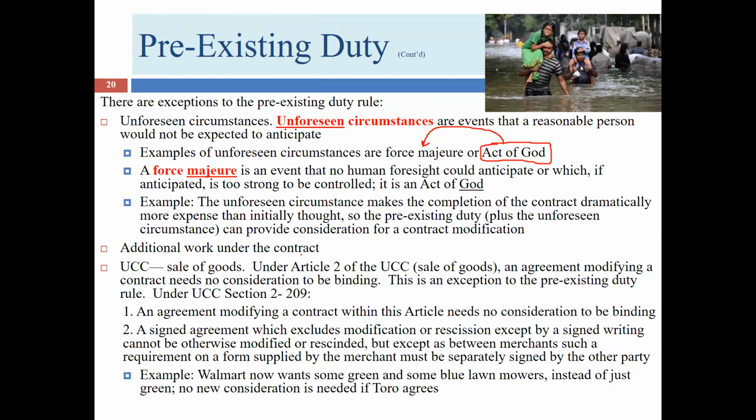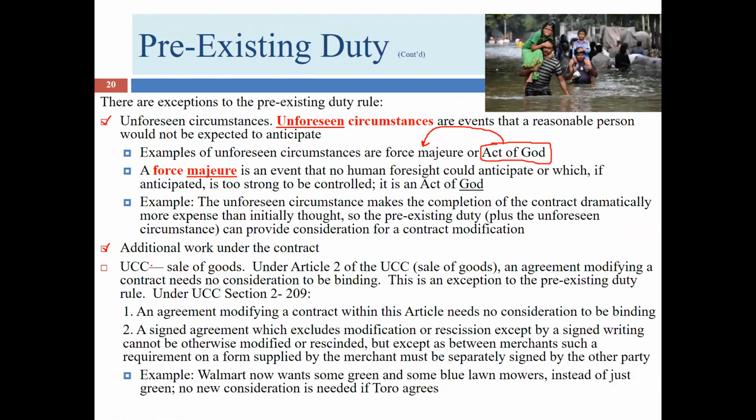And so I'm having to do significantly more work and also incur some expenses because of this unanticipated expense that is necessary in order to complete the contract. So that's a second situation where even when I have a pre-existing duty, I might still be able to claim that my performance of that qualifies as consideration.